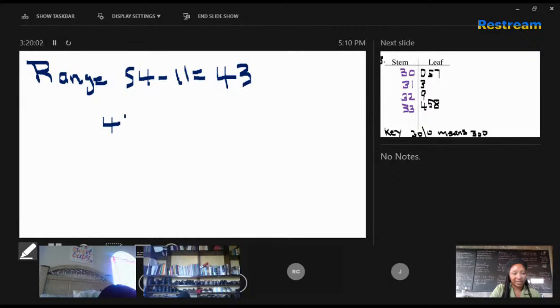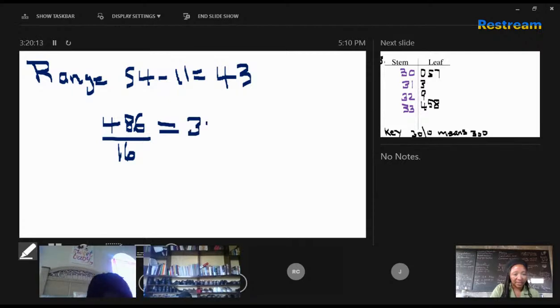So 486, and we're going to divide that by 16 because there are 16 of them. So 16 into 48 goes 3 times. 16 into 6 is 0. And that's 6 over 16, which is 3 over 8. And that is the mean or the average. You could put it in decimal form also if you want.